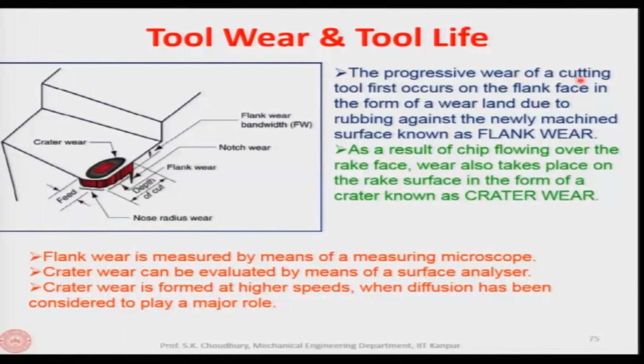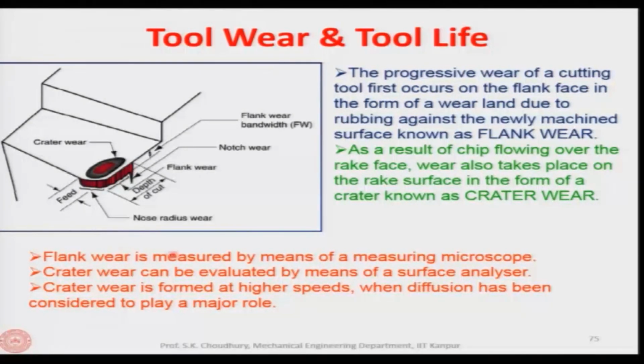The progressive wear of a cutting tool first occurs on the flank face, which is in contact with the workpiece surface, in the form of a wear land due to rubbing against the newly machined surface. So, this wear is known as the flank wear. As a result of chip flowing over the rake face, wear also takes place on the rake surface in the form of a crater, which is known as crater wear.